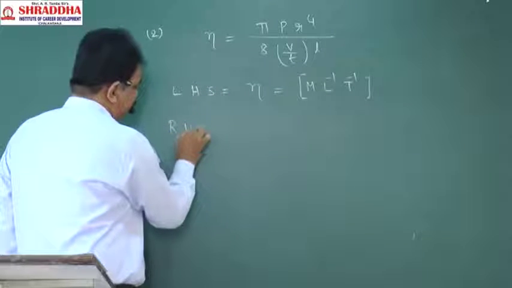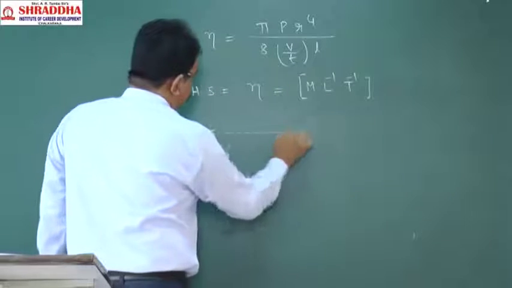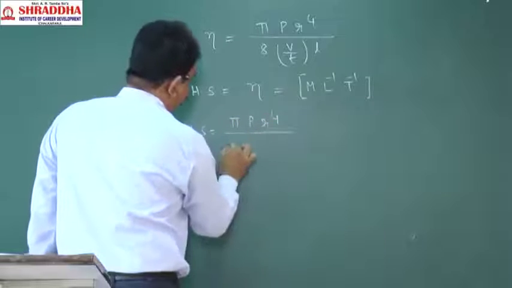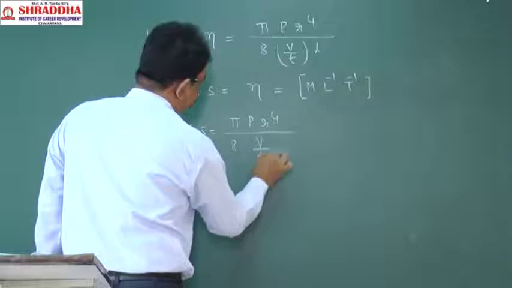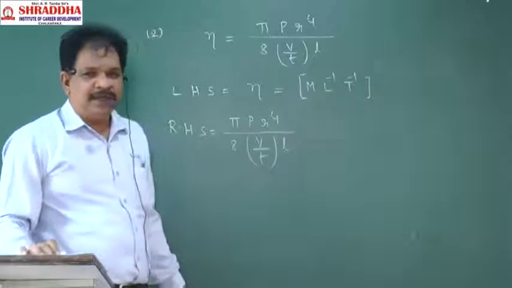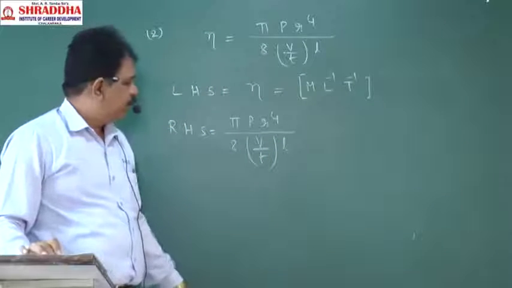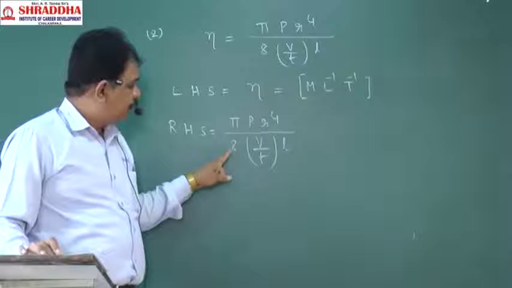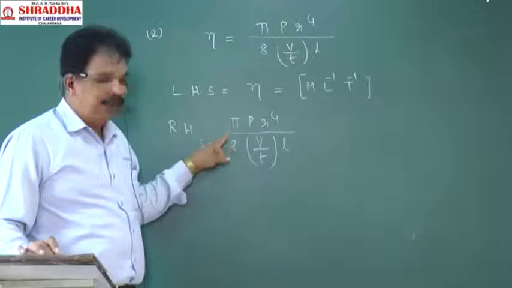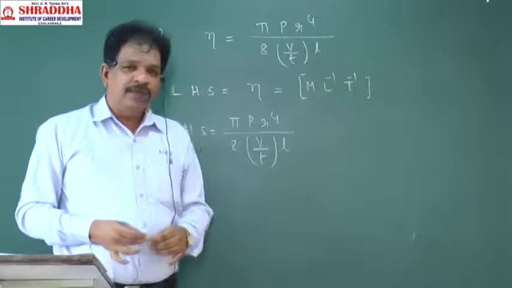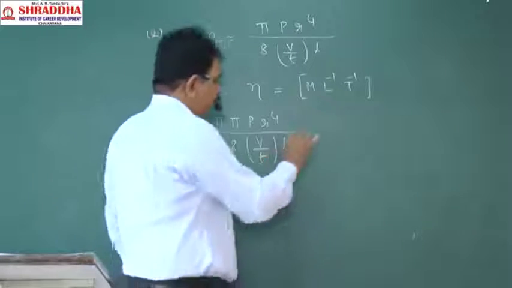Pi P R power 4 by 8 V by t into L. Pi is a constant, 8 is a constant. Pi and 8 both are constants. Constants don't have a dimensional formula.